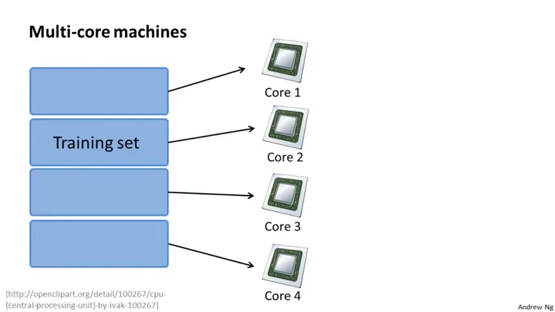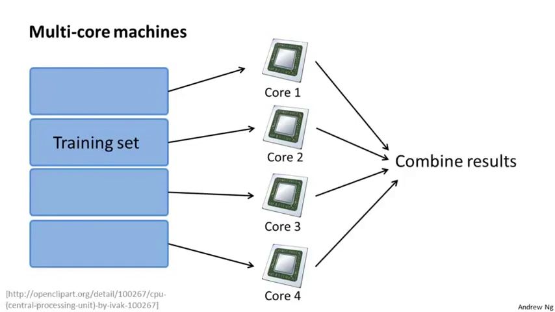Each of the cores can then carry out the sum over, say, 1/4 of your training set, and then they can take their partial sums and combine them in order to get the summation over the entire training set.